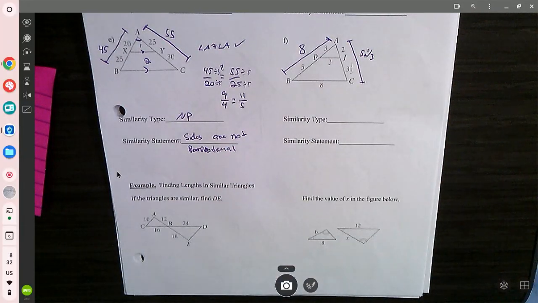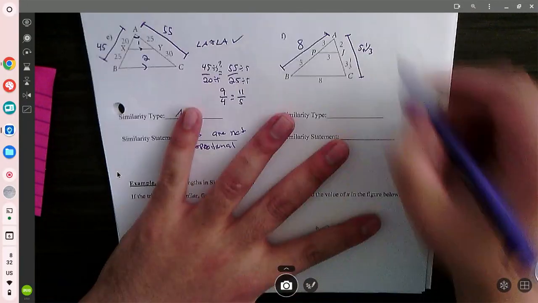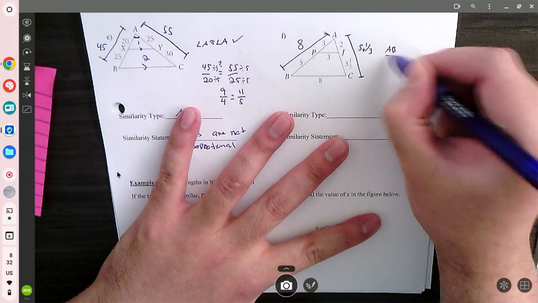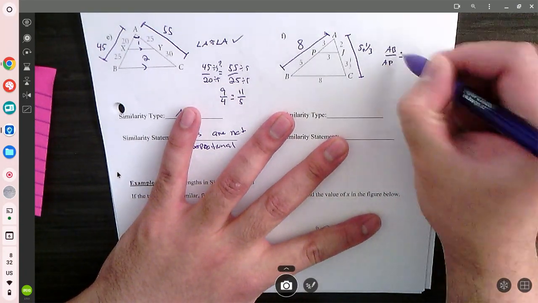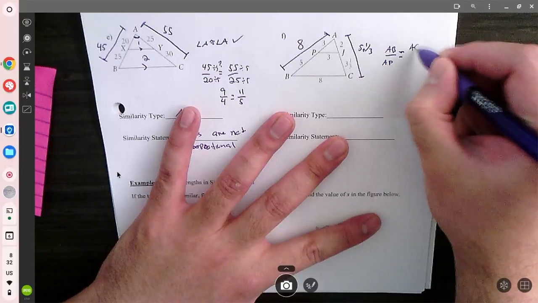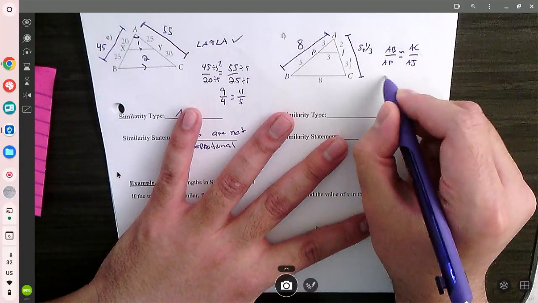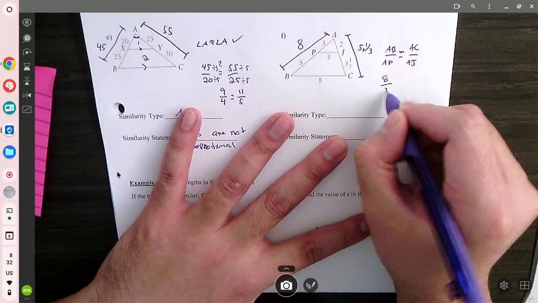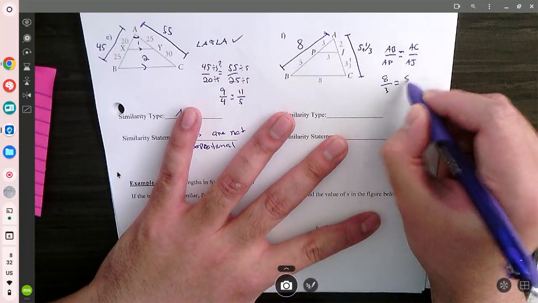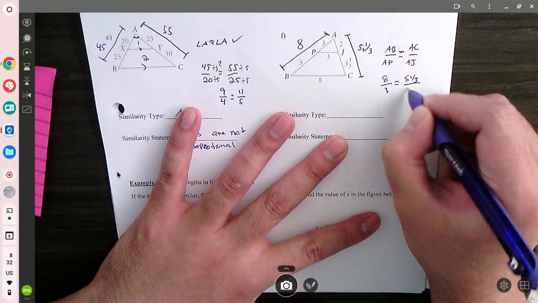So we now need to do our corresponding sides, which would be AB over AP, and it must be equal to AC over AJ. So this would be 8 over 3 must be equal to 5 and 1/3 over 2.